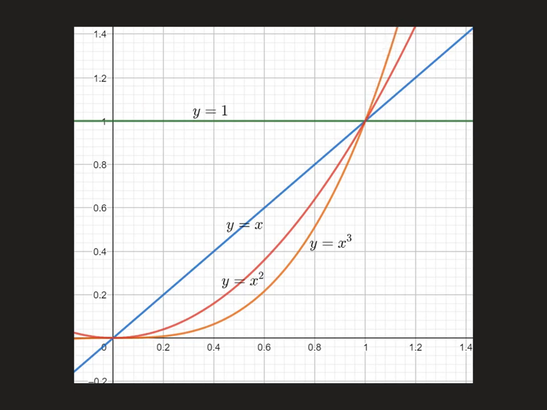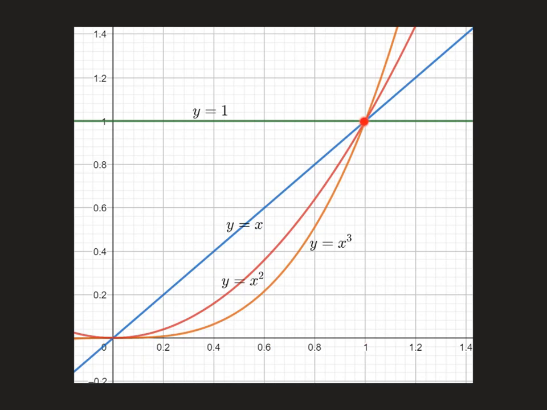So this is what we have to notice, okay? Whenever we're less than 1, that is for x values smaller than 1, then y equals 1 is the largest function, x is next, x squared, and then x cubed. But at 1, when x is equal to 1 on the x-axis, everything turns around.